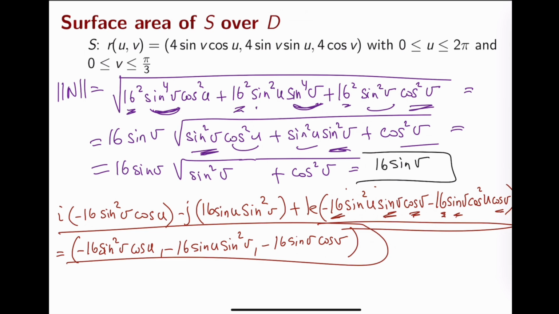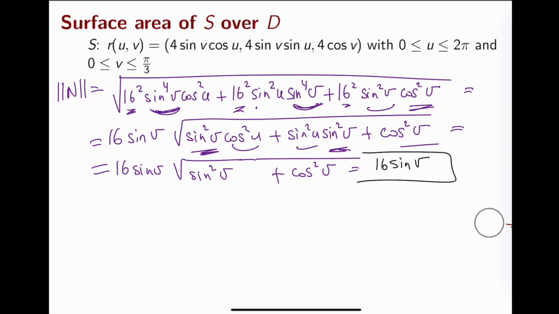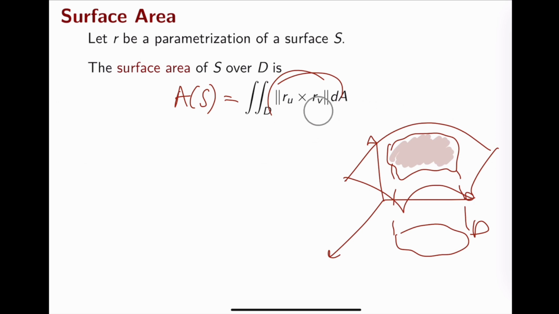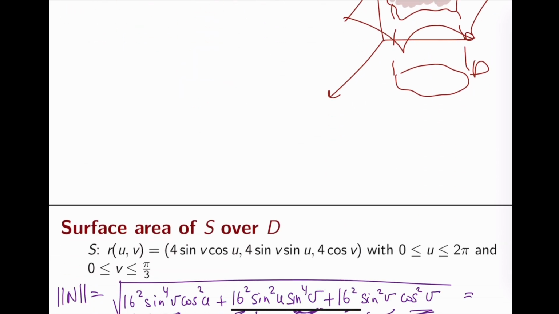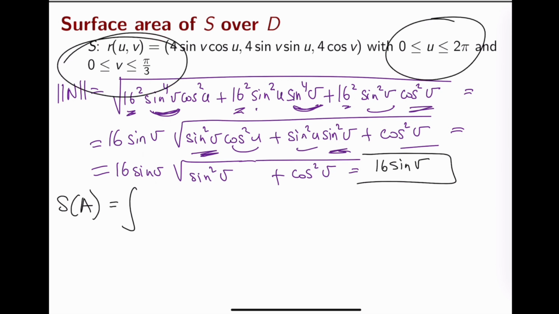So this is what we need to integrate. So if you remember the formula that we saw before for the area of a surface, we need to integrate just the norm of this vector. So we got that the norm of this vector is 16 sine v, so that's what we are going to integrate. So the surface area is going to be the integral over D, which in this case is going to be this variation here.